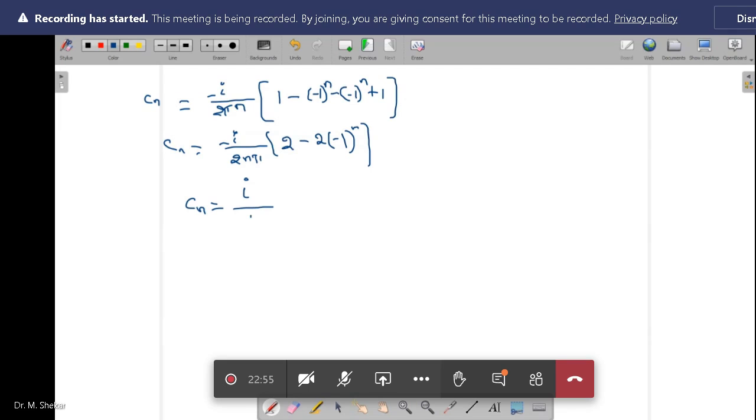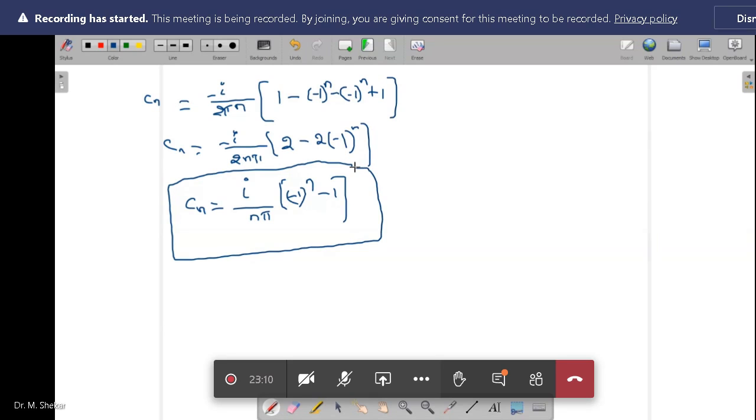So this is i divided by n pi into minus 1 power n minus 1. So that is the answer Cn. Now the question we have: if you see, there are two terms.